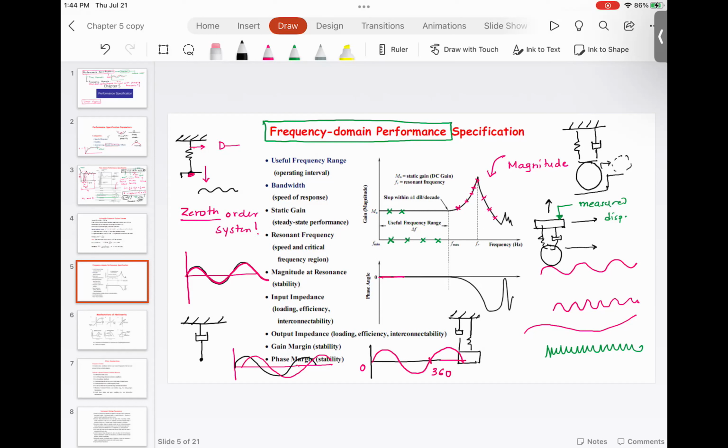Now what I'm going to do is start delaying. So I have some delay, some more delay, some more delay, to the point that my delay is 1 cycle apart, which means my response is delayed by 360 degrees.